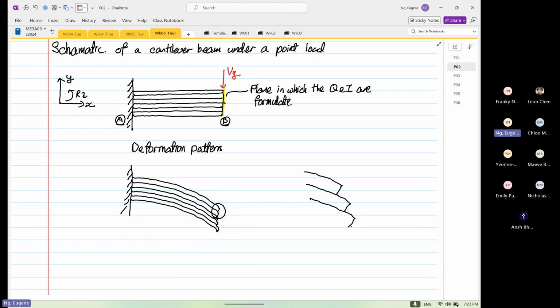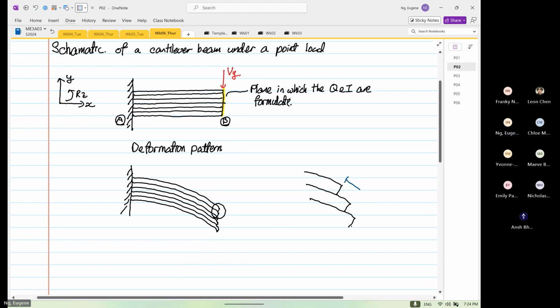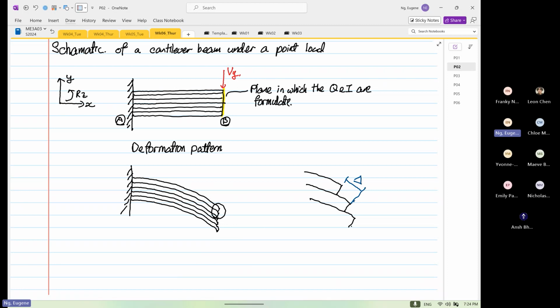What you will see is a change in length on this plane. You'll see that you have a delta over here, and in this orientation, the height did not really change.